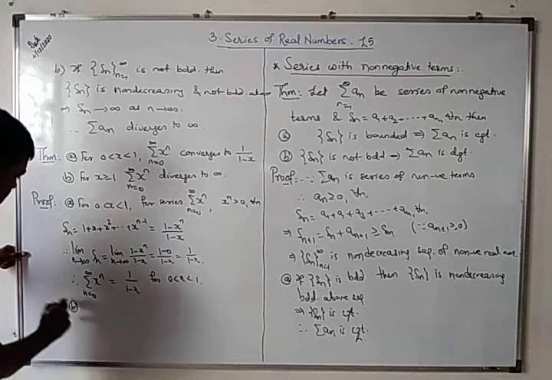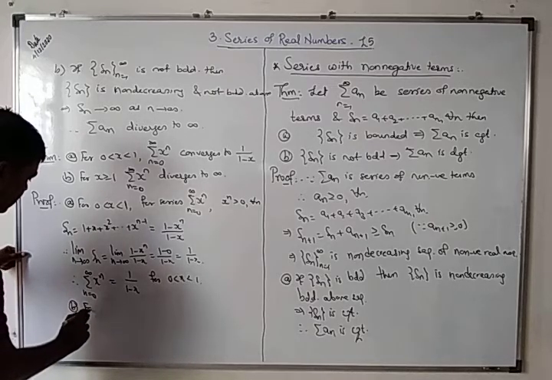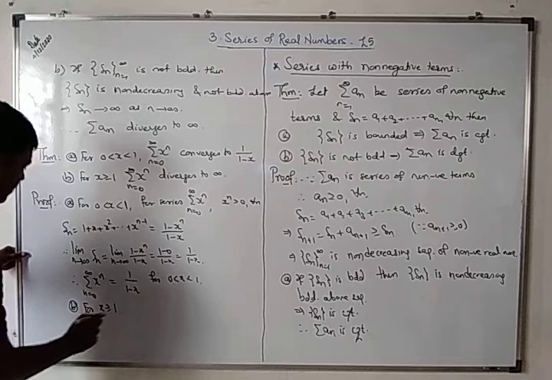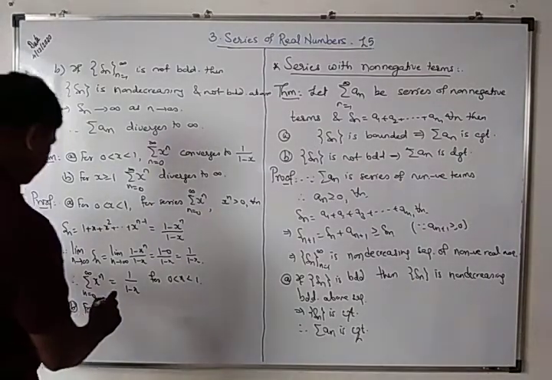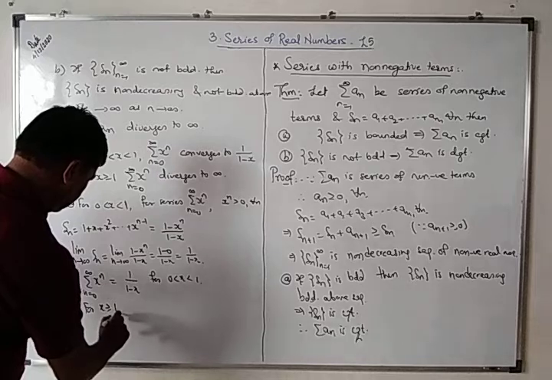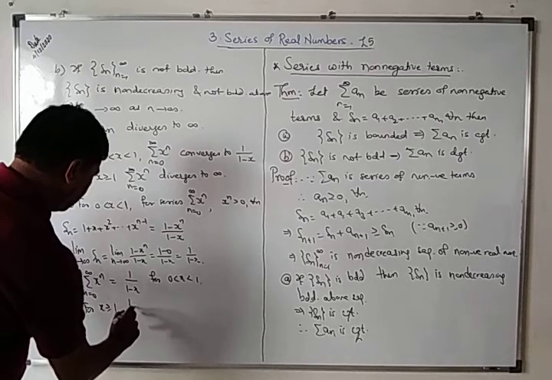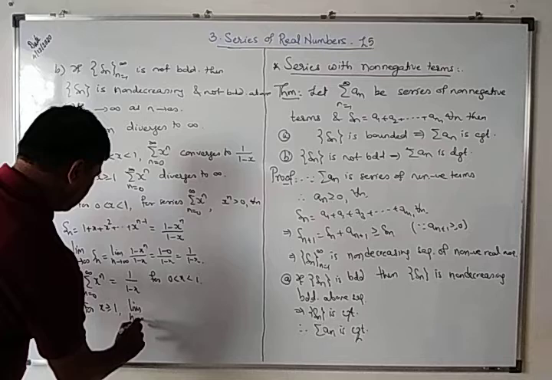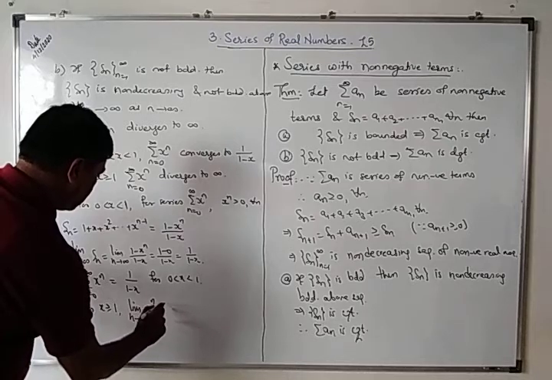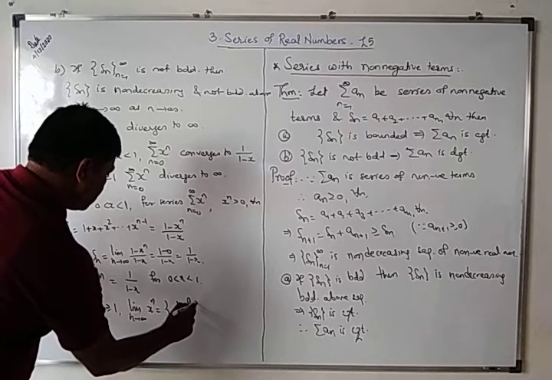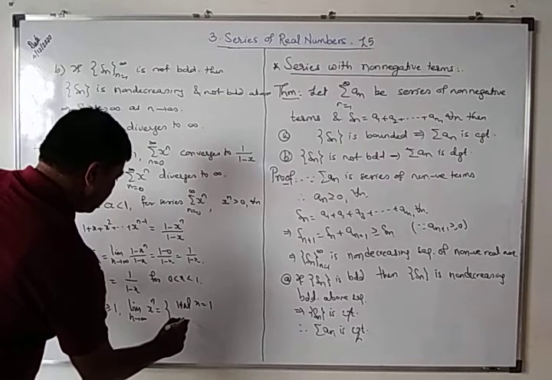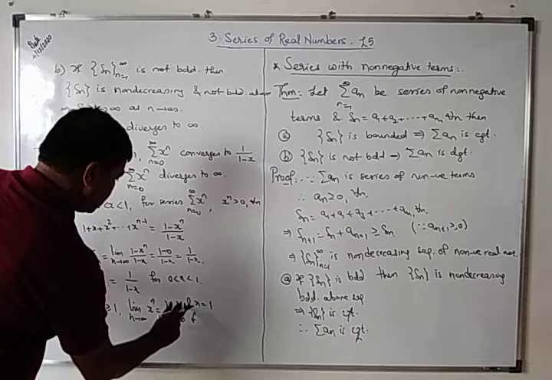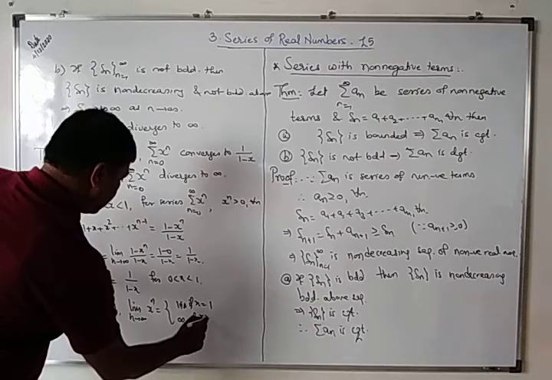B, for x greater than or equal to 1, the limit as n tends to infinity of x raised to n is 1 if x is 1, which is not equal to 0, and it is infinity if x is greater than 1.